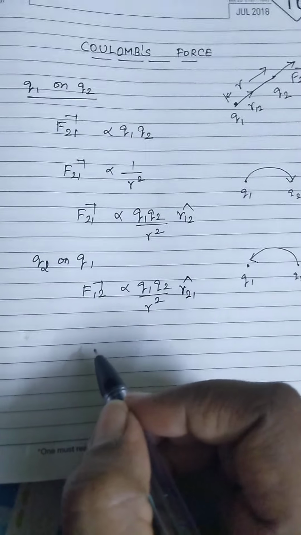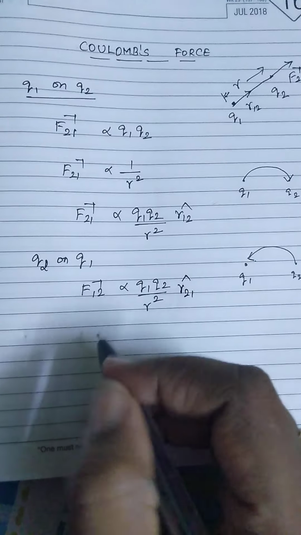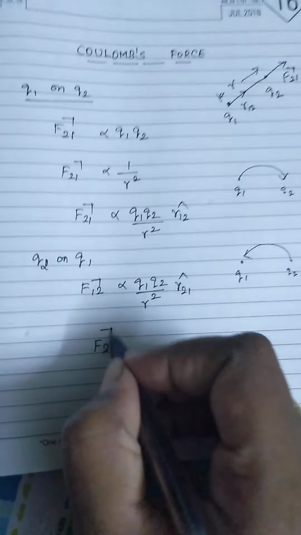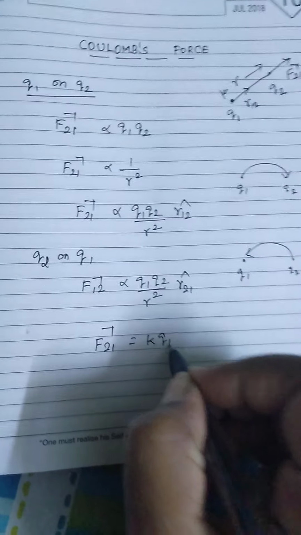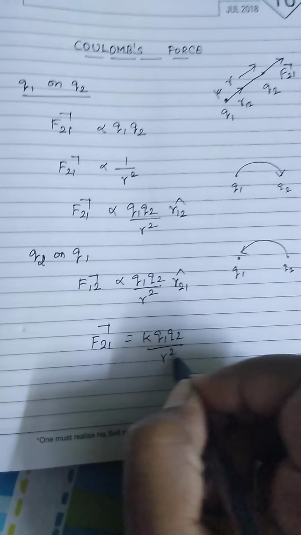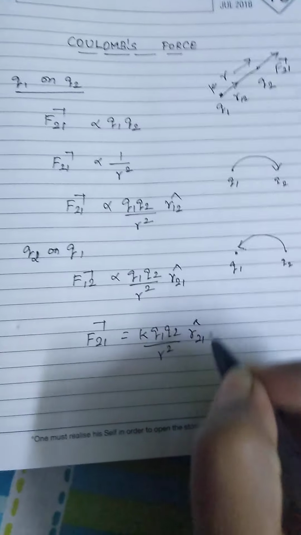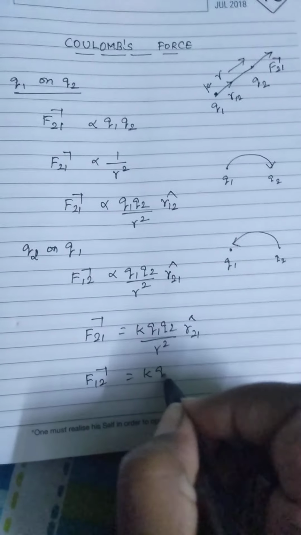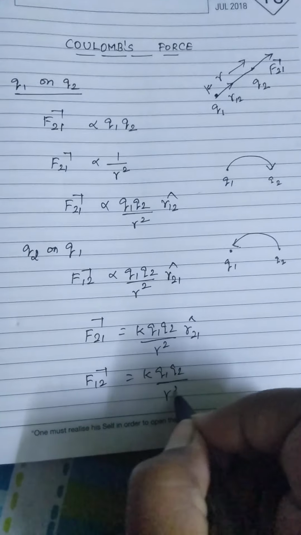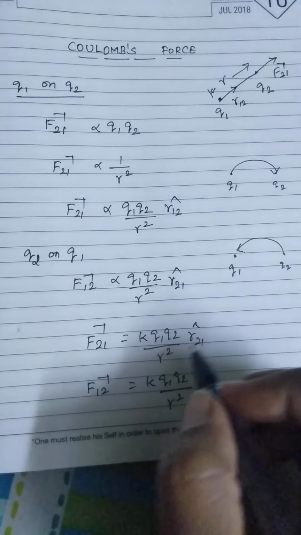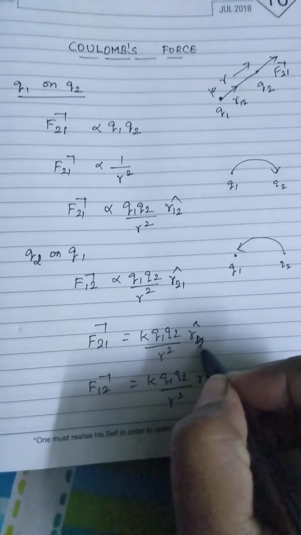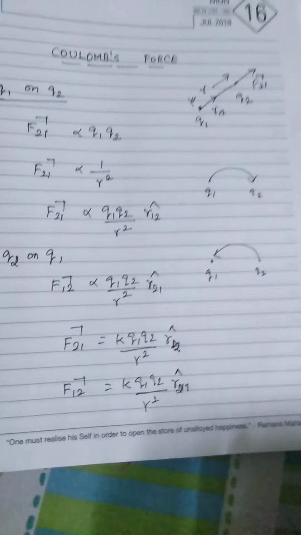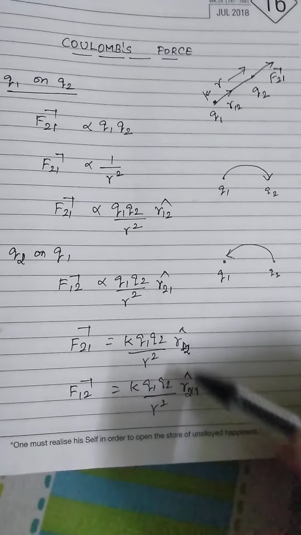r21 cap. If I replace the proportionality with the constant k, then F21 vector can be given as k into Q1 Q2 divided by r squared into r21 cap, as well as F12 vector can be given as k into Q1 Q2 divided by r squared into r12 cap for one and r21 cap for the other. We know the distance remains the same.